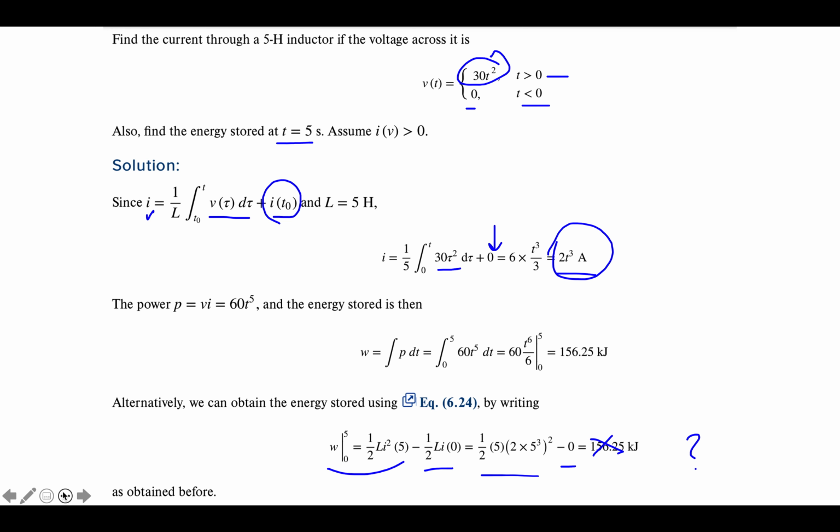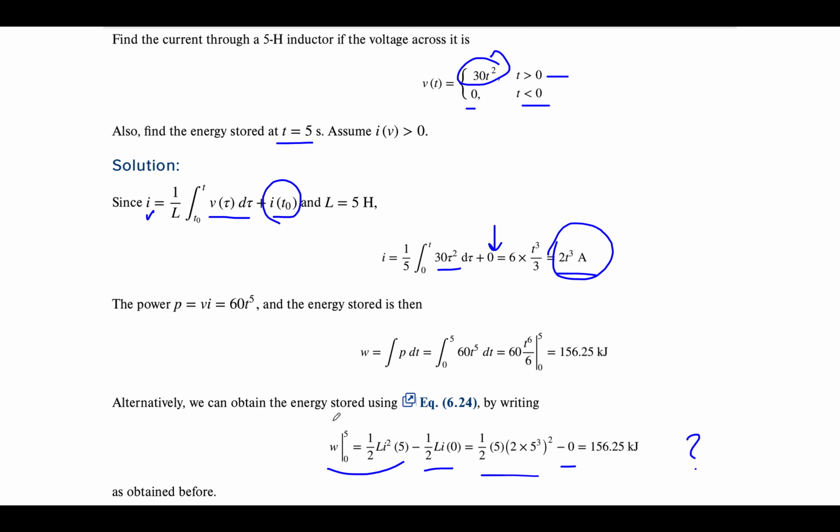It's a significant digits issue. So I think they're okay, because notice our units here are kilojoules. I'll be honest, personally, I like seeing things given in scientific notation. So I might say 1.56 times 10 to the 5th joules, but that's kind of a matter of personal preference.